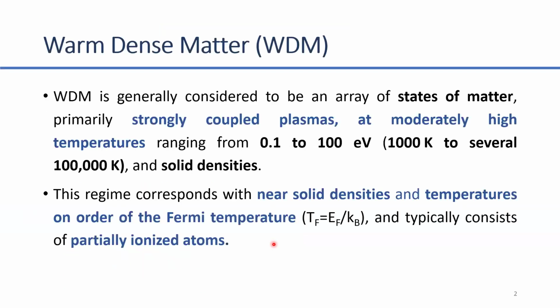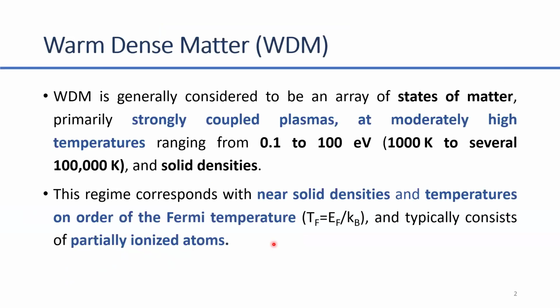So, warm dense matter is a state of matter which is very strongly coupled, and it has moderate to high temperatures ranging from 0.1 to 100 electron volts.